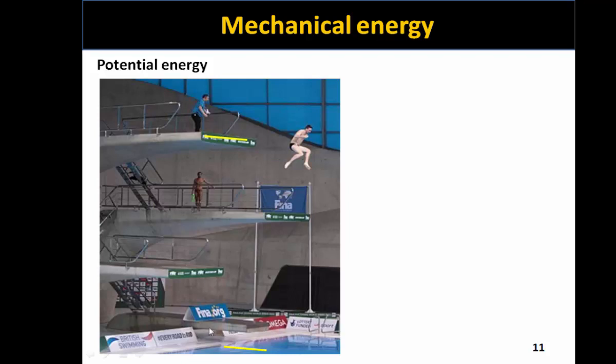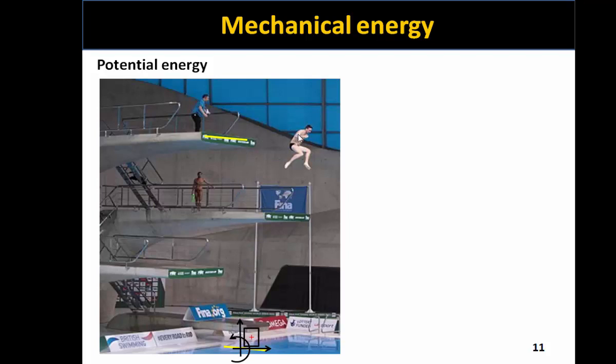Nevertheless, when we begin to take this approach in estimating the mechanical energy involved in moving from the 10-meter platform to the surface of the water, we have to first establish, as we've done before, a frame of reference. Now we have X, Y, we have counterclockwise rotations, all indicating positive directions. In this particular case, the only part of our reference system that we'll focus on is the vertical portion of it, so we're only going to deal with vertical motion.